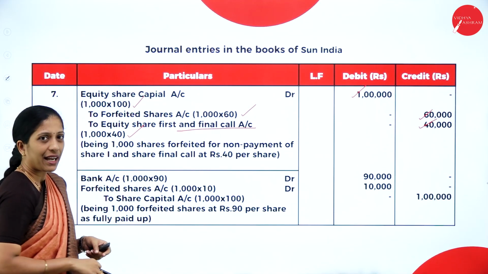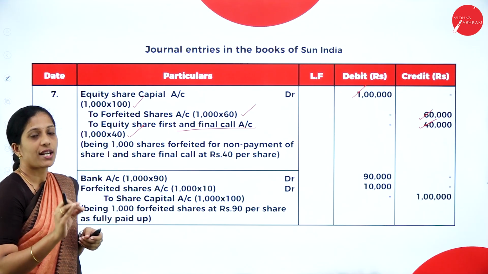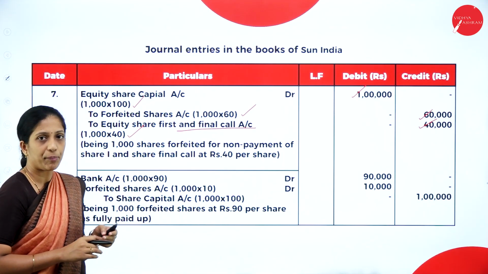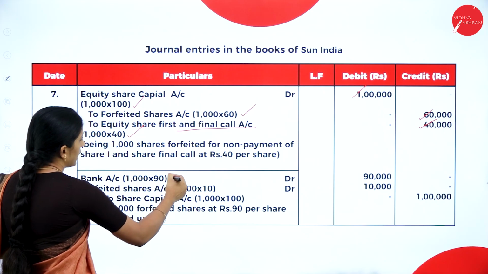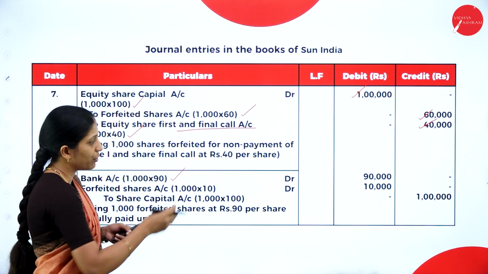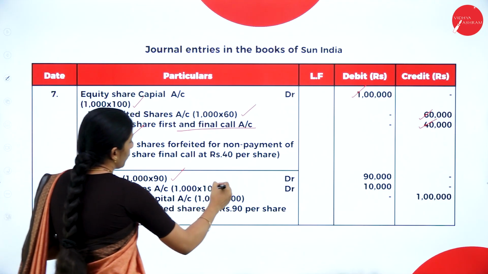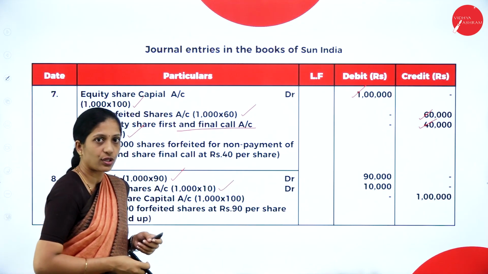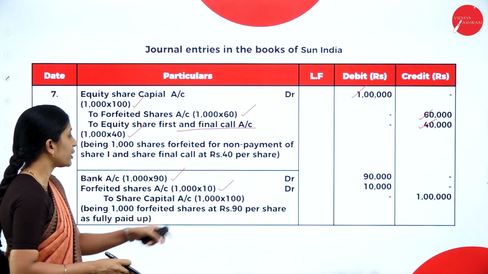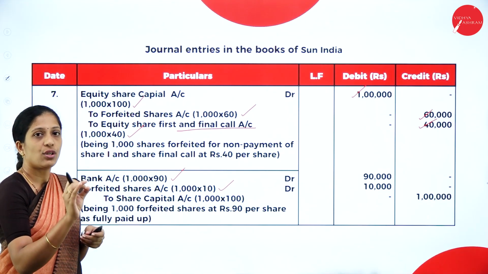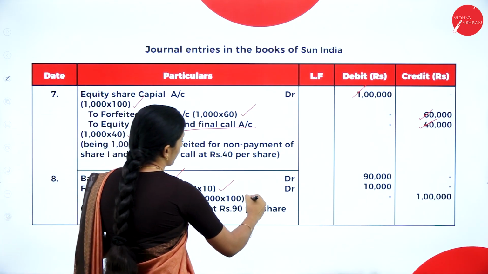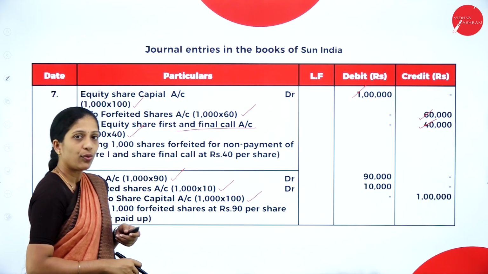Your entry will be bank account debit, forfeited shares account debit to share capital account. 1,000 into 90 we have reissued, that would be 90,000. Forfeited shares account, 10 rupees is discount, so 1,000 into 10 is transferred from forfeited shares account to share capital account. The whole value of the share is 100 rupees, that is 1,000 into 100, which will be 1 lakh.